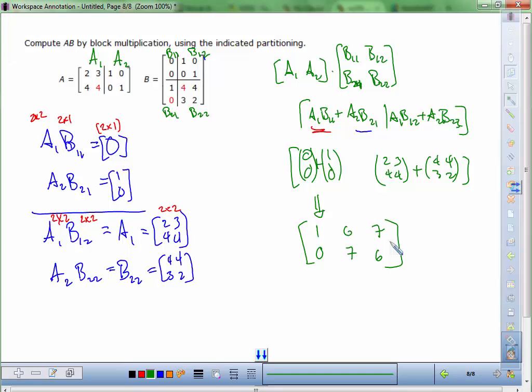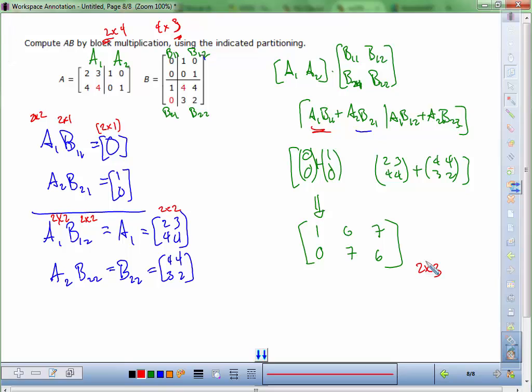Let's check to make sure that our dimensions are correct. A is a 2 by 4 matrix. B is a 4 by 3 matrix. And so your result should be a 2 by 3 matrix, which is the case.